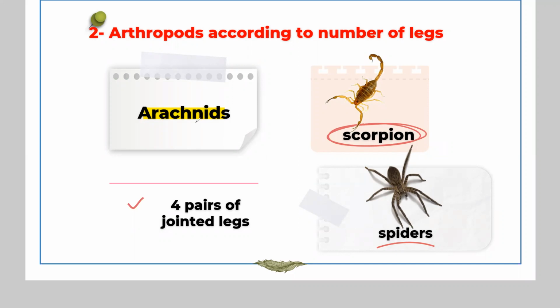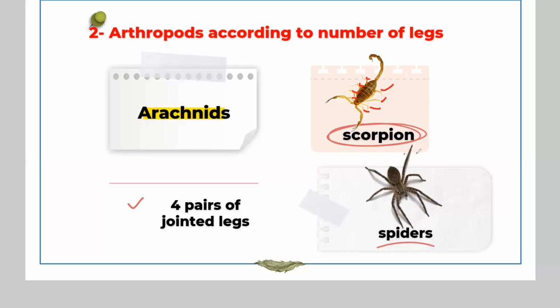The second, arachnids. What's the main special thing about the arachnids? They have 4 pairs of jointed legs. Let's count: 1, 2, 3, 4.